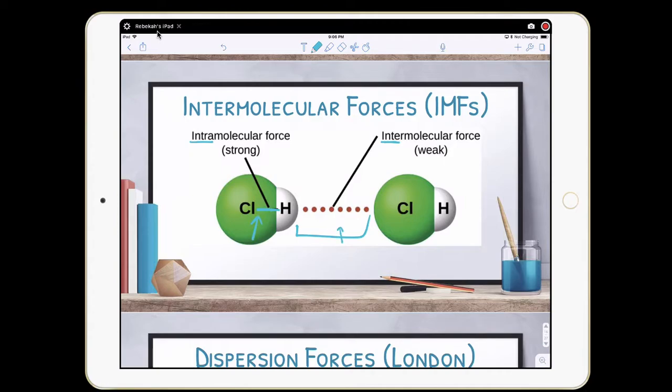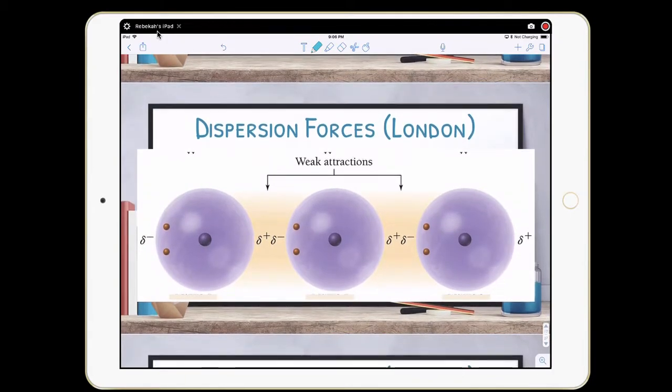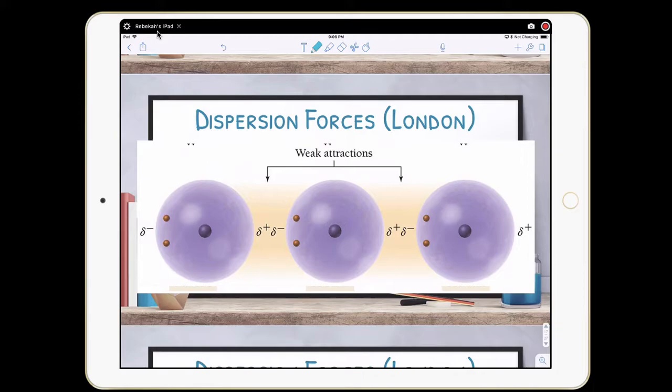This is new. The first one is called dispersion forces, or London dispersion forces. You can also see them called van der Waals forces. They're the weakest attractions that we're going to talk about today.